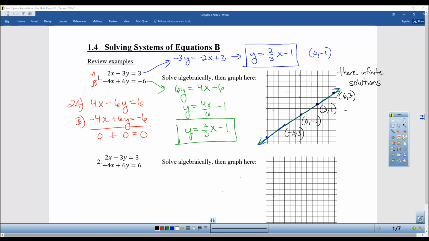So there are infinite solutions. I could do this all day long. But 0, 4, not a solution. So how can you describe to somebody what all the solutions are? The solutions are the points on the line y is equal to 2/3 x minus 1.